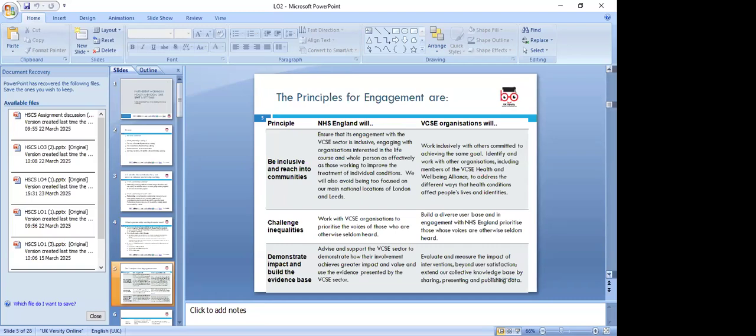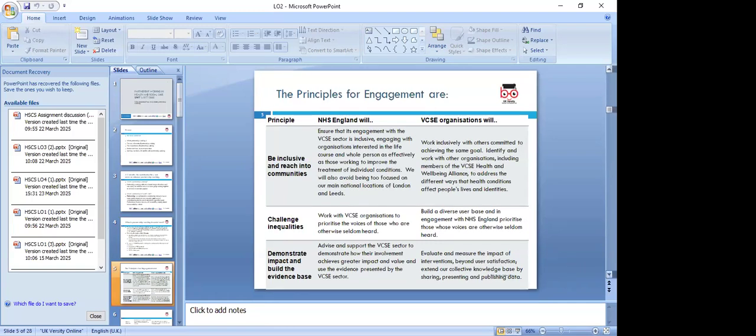Challenge inequalities: you work with VCSE organizations to prioritize the voices of those who are otherwise seldom heard, bringing in those who may not have a voice. And then demonstrate impact and build an evidence base, to advise and support the VCSE sector to demonstrate how their involvement achieves greater impact and value.